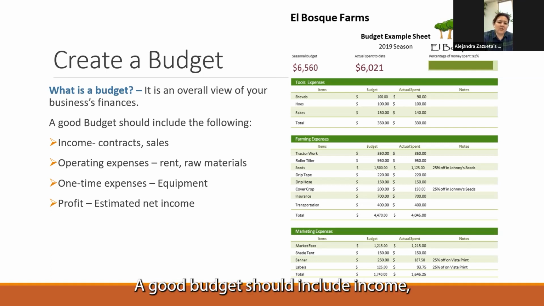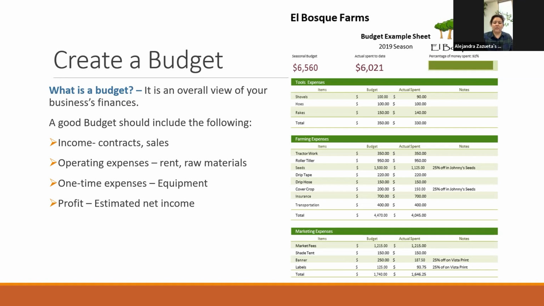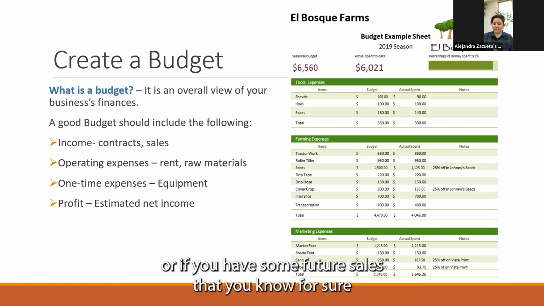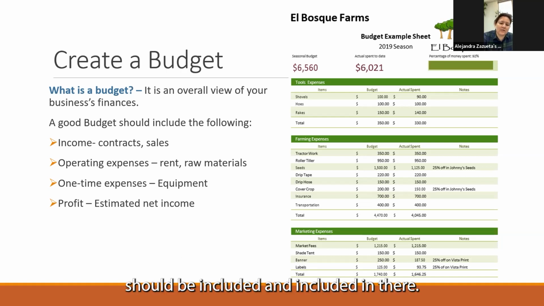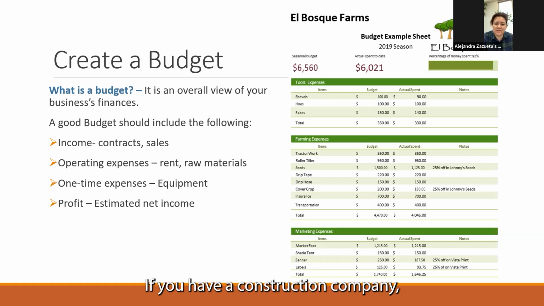A good budget should include income. These are things that you should know, if you're going to have any income from contracts coming up in a few months, or if you're going to have some future sales that you know are for sure, they should be included in there. Any operating expenses such as rent, raw materials, if you have a construction company.